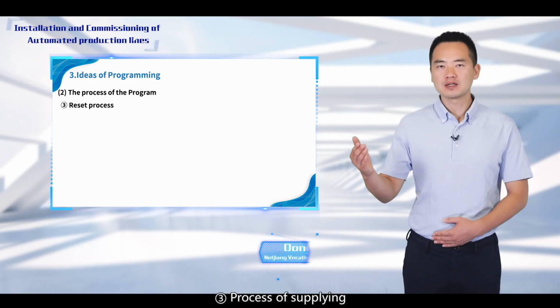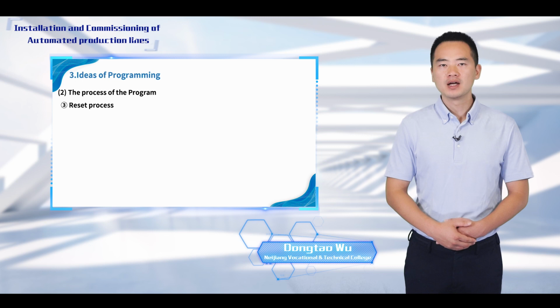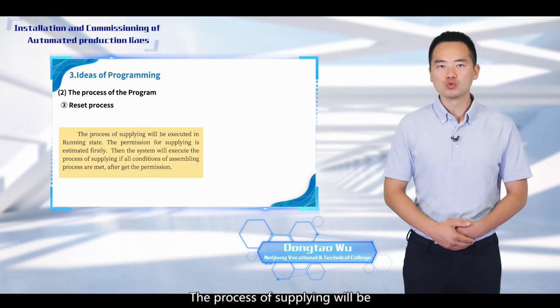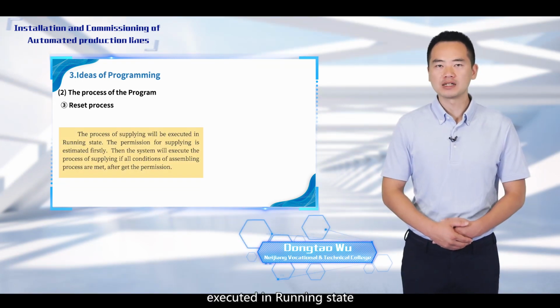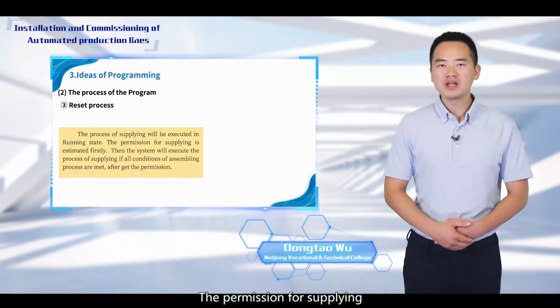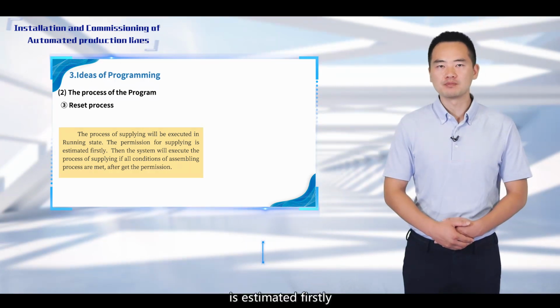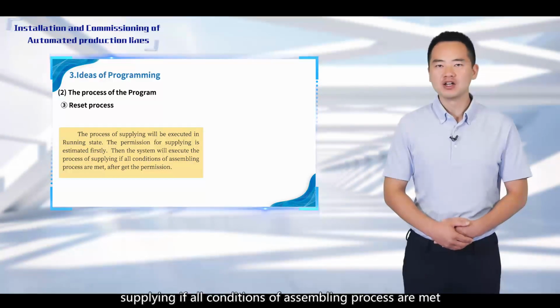3. Process of supplying. The process of supplying will be executed in running state. The permission for supplying is estimated firstly. Then the system will execute the process of supplying if all conditions of the assembling process are met.